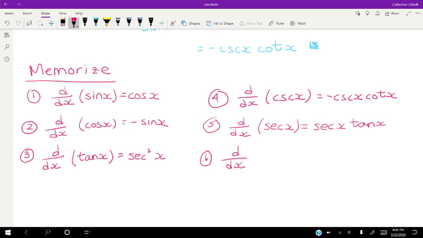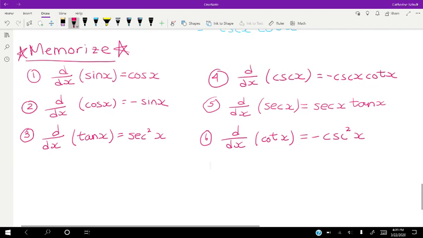And then finally, the derivative of cotangent of x is equal to negative cosecant squared x. Okay, so there you go. You guys are going to memorize these 6 functions. Let's try one more together using the product rule, and then we'll move on to limits.